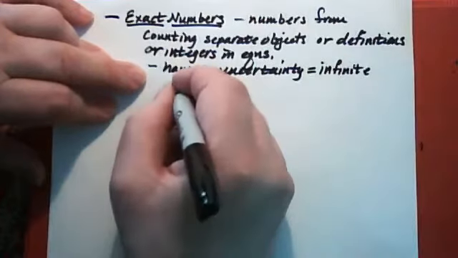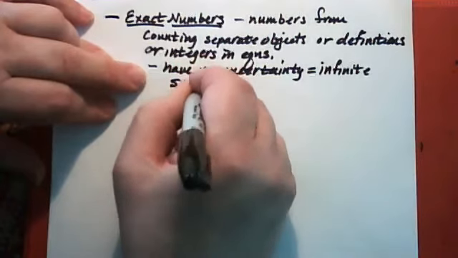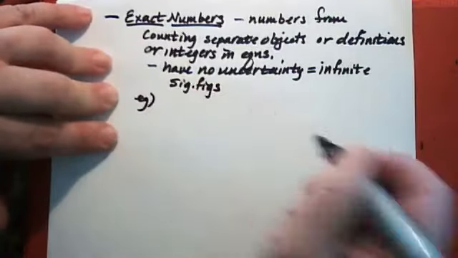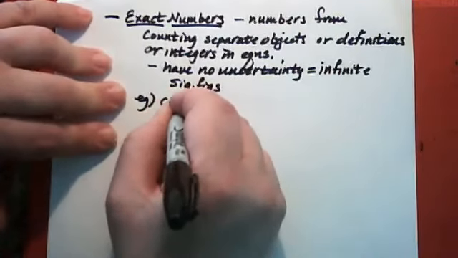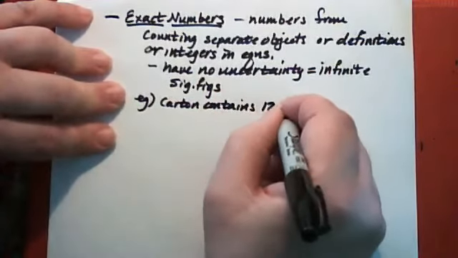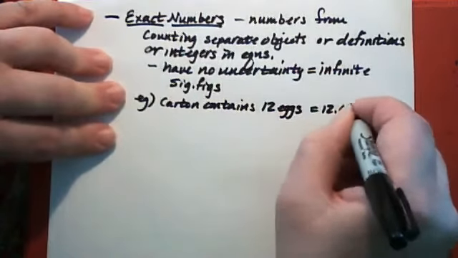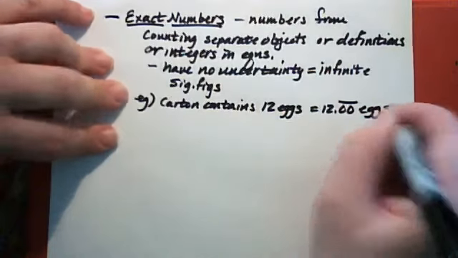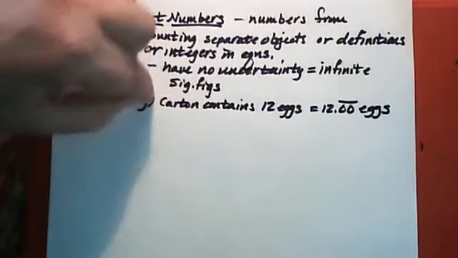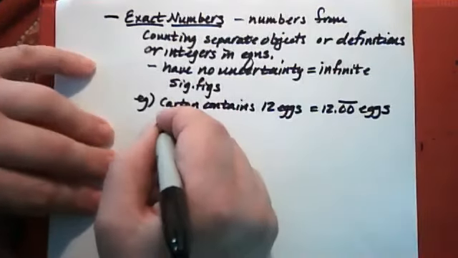And that's actually considered to be an infinite number of significant figures. So for example, like I was saying, if the carton contains 12 eggs, that's considered to be infinite because it's from counting separate items. And that would be considered 12.000 on to infinity.